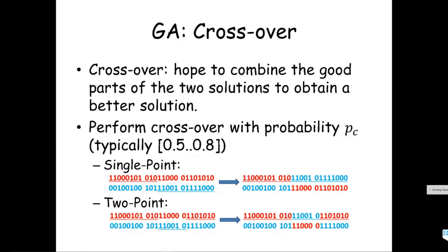And if you want to enforce every couple to have just 1 child, you can kill the child that doesn't have good fitness value. So if out of the 2, one is better than the other, you can keep the one that's good. Sometimes you do these things to keep your population size in check.